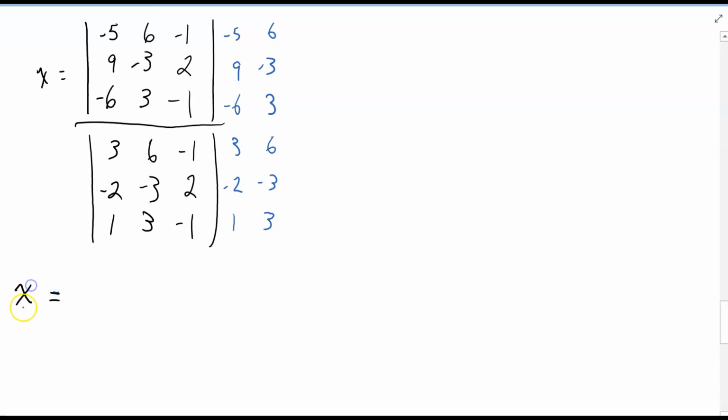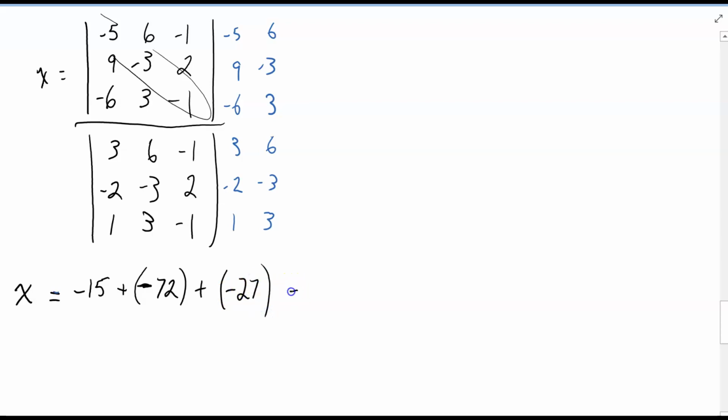So x is equal to, I need to do this first diagonal, -15, plus the next diagonal, 6 times 2 times -6. It will be a -72. Plus the next one, -1 times 9 times 3, which is -27.